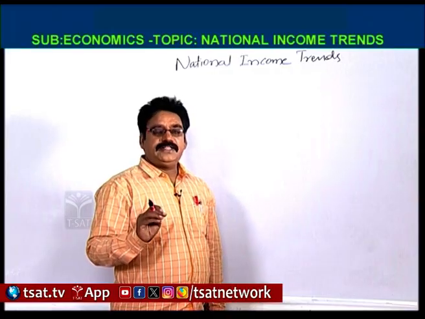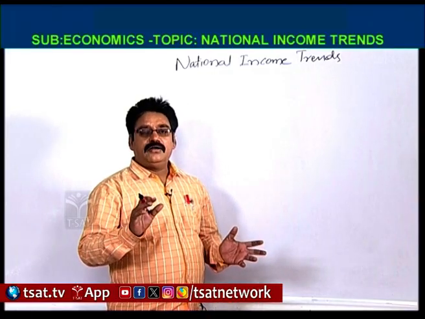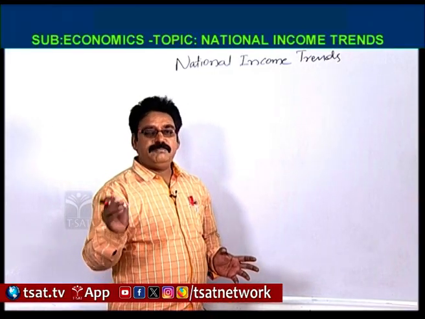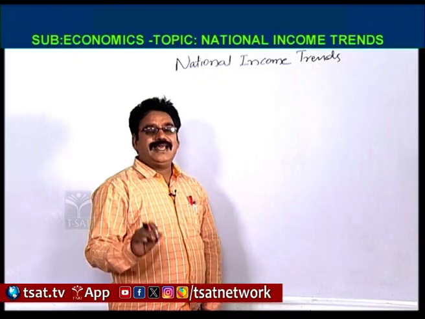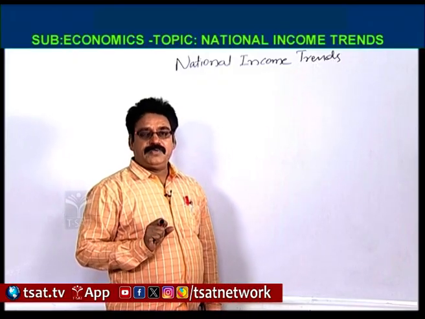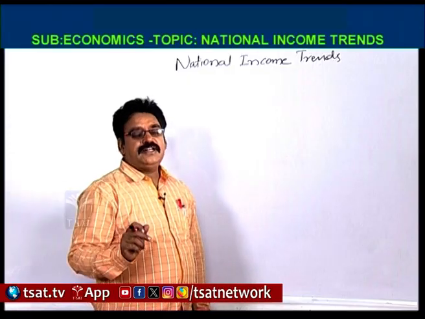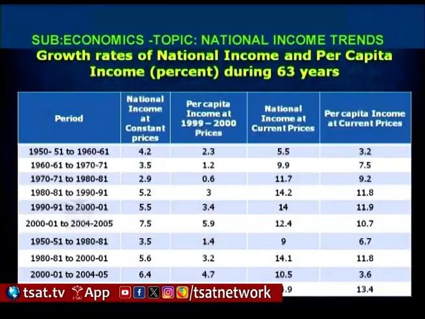And to eliminate the impact of population growth on national income, we calculate per capita income. That we will observe. From 1950 onwards, during 1950-51, first we will discuss current prices.